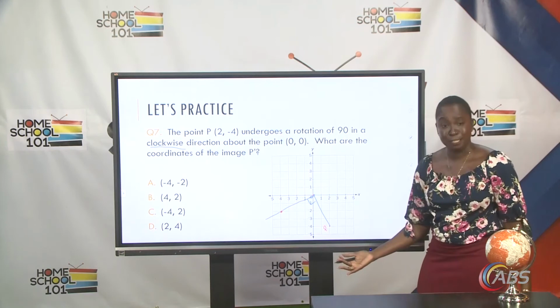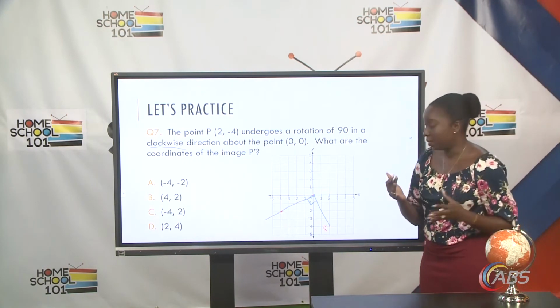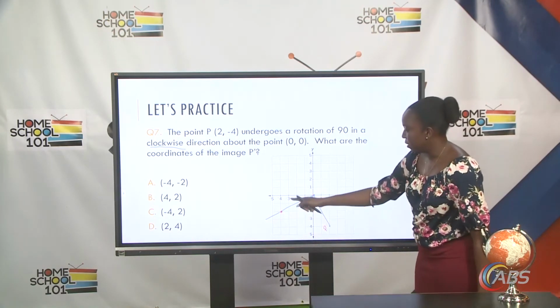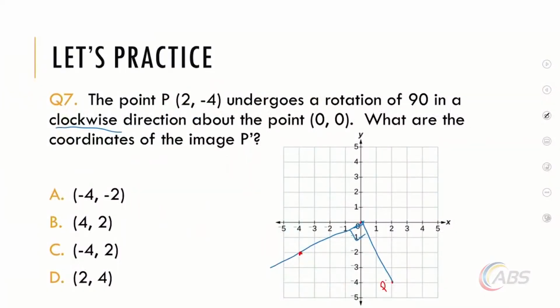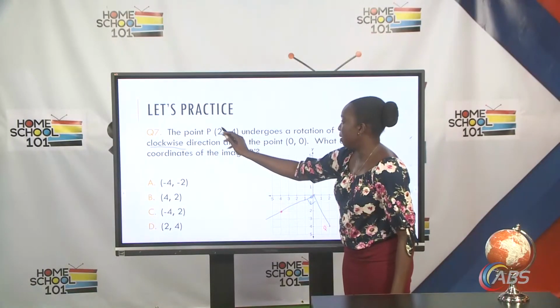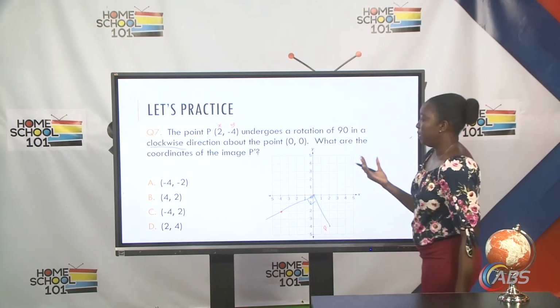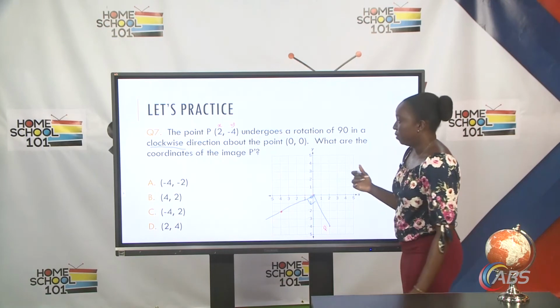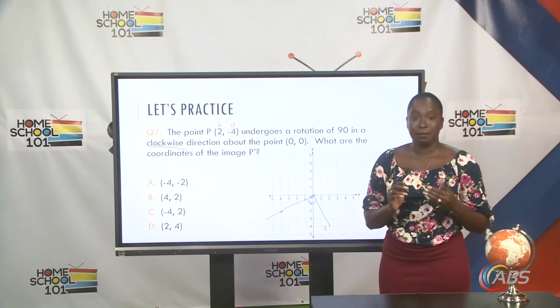So is this the only way to do it? No, it's not. It's never the only way. A lot of times, it's just how you think about the question. So how would I have come up with the answer? And where's this point? This point is (-4, -2), so we already see that it's revealed there in option A. But how would I think about this? I have here my x value and my y value. So if I'm going to be rotating it 90 degrees, and I already know that based on where it is, both my values are going to be negative.